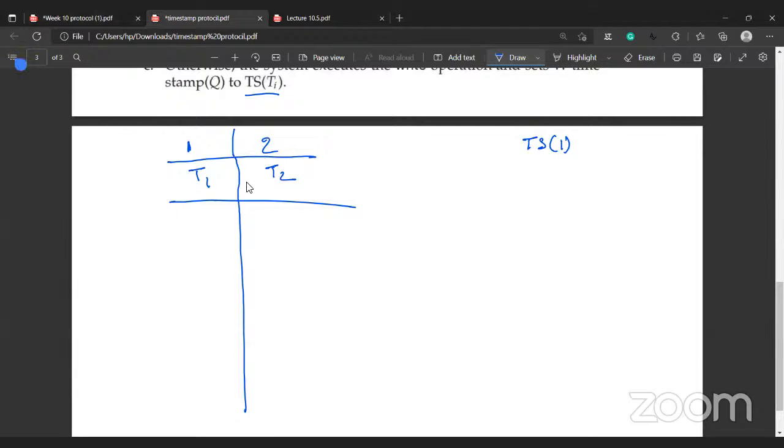When they enter the system, the system gives a unique value, 1 and 2. Then which one is the older transaction and which one is the younger transaction? Anyone? T1 will be the older transaction, right? And T2 will be the younger transaction.